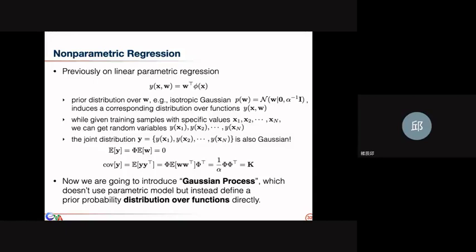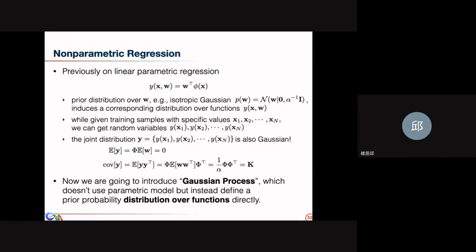So I'm trying to use the relationship between the data points to define my regression function.